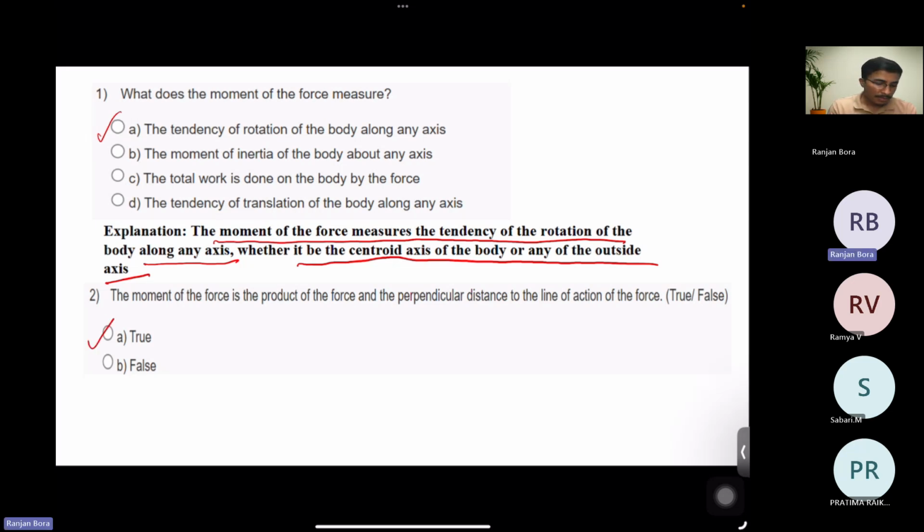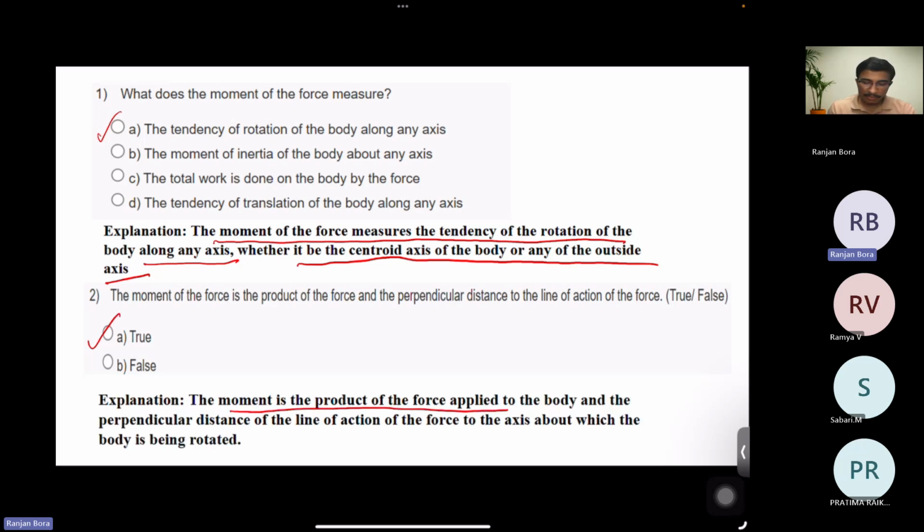So this is a true statement we have seen in our class today. The moment is the product of the force applied to the body and the perpendicular distance of the line of action of the force about which the body is being rotated.